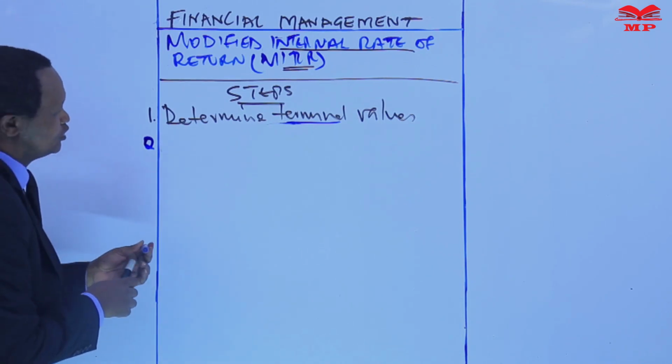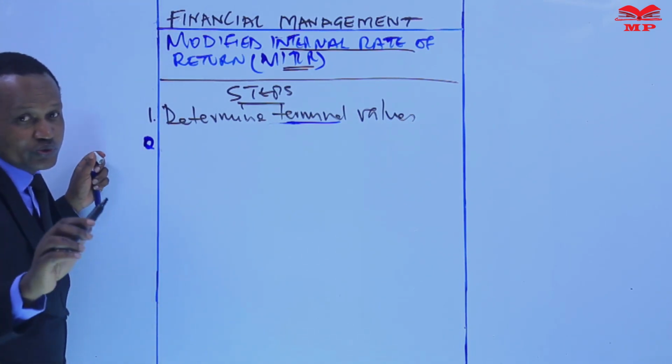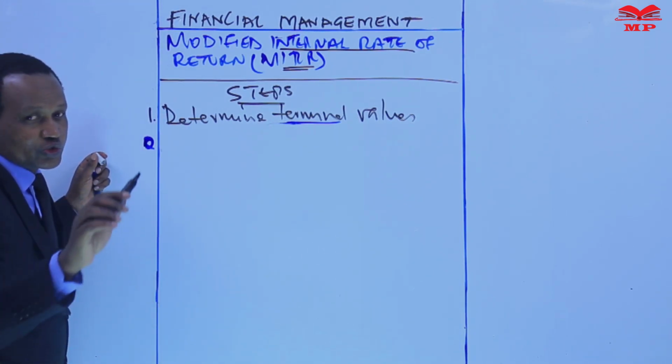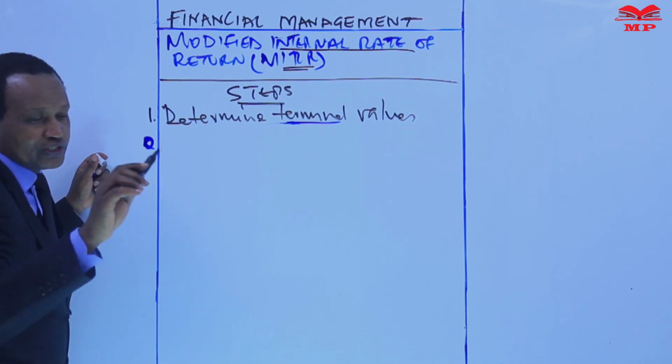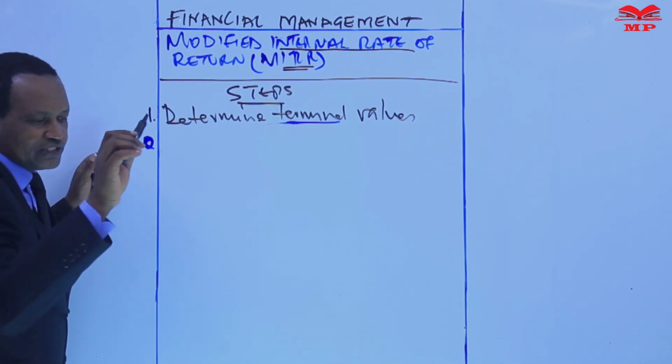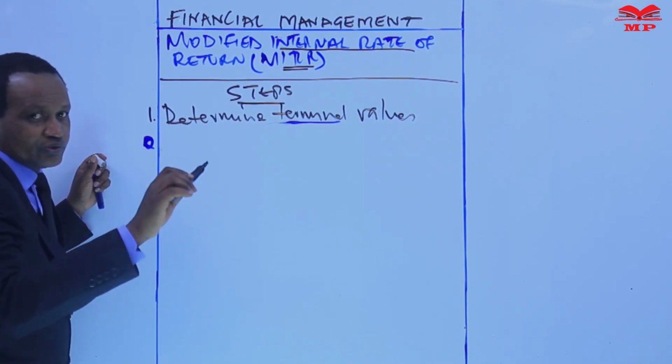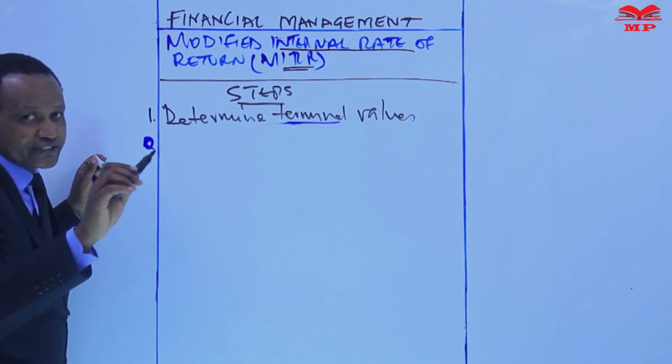Step number 2 is to get the total terminal value. Or we can say total terminal value is taken as a single cash flow.